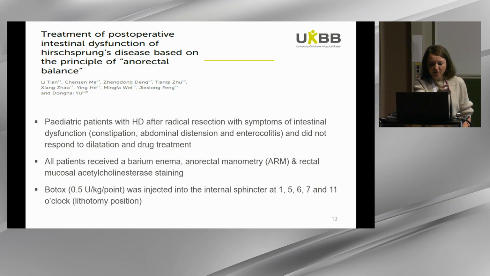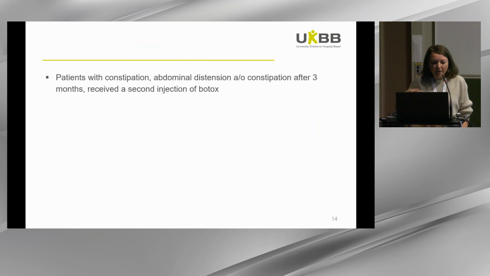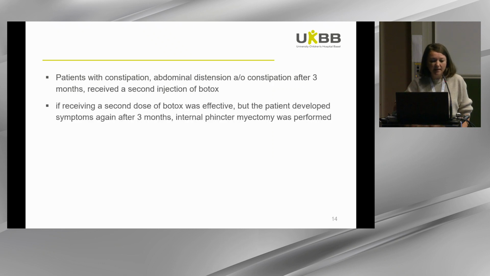Afterwards, Botox was injected into the internal sphincter, everything very standardized. One week after the Botox injection, the manometry was repeated. Patients who developed symptoms again after the injection of Botox, 3 months after having the injection, received a second injection of Botox.